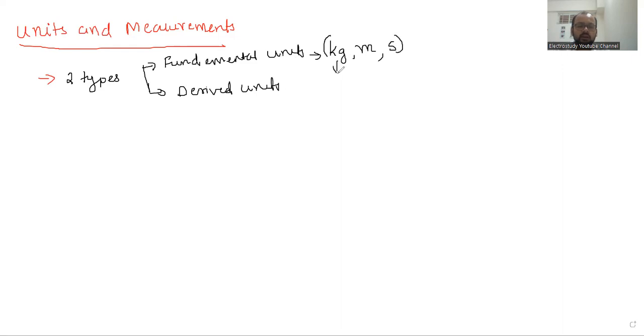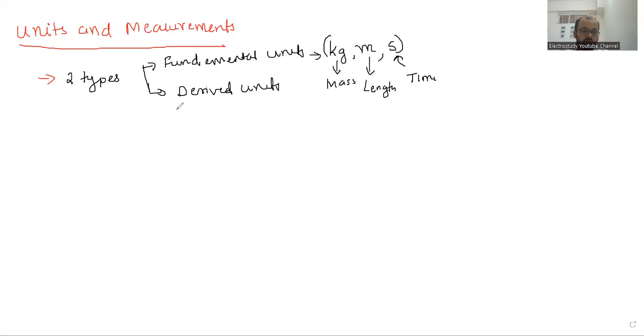Kilogram: what is the quantity represented by kilogram? Actually, mass. What about the small letter m? It is meter, no? The quantity is length. If I talk about the small letter s, what does it represent? It represents a quantity called time.